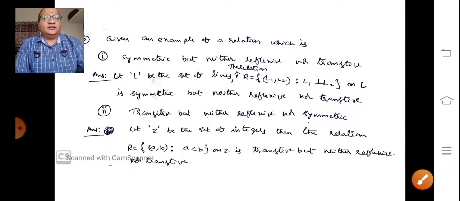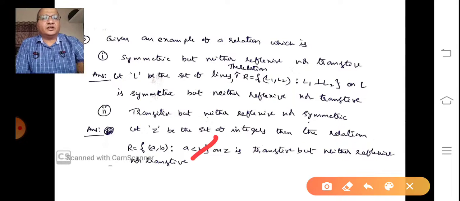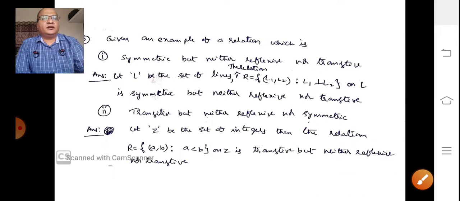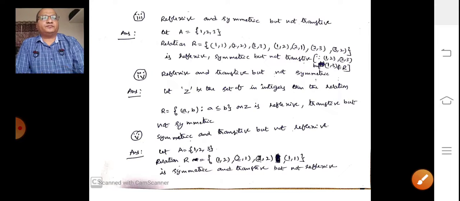So finally, because of strictly less than, this relation is neither reflexive nor symmetric, but it is transitive. Next, go for the next problem.